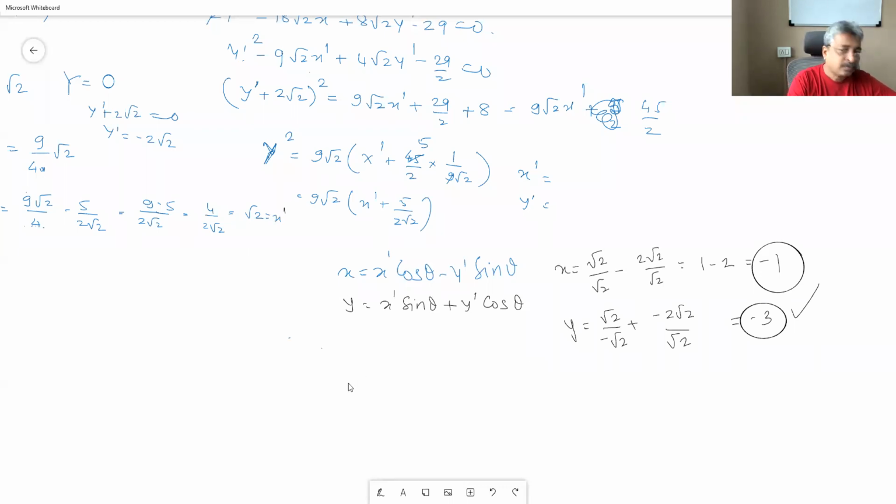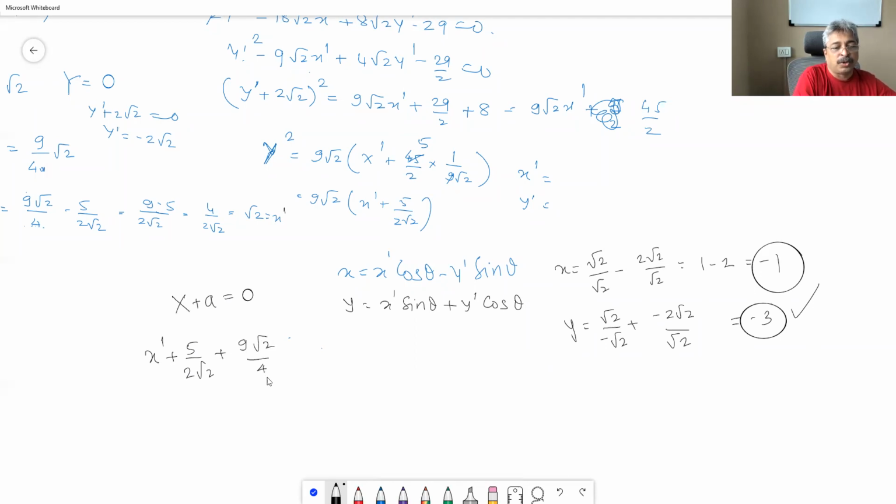And similarly, what is directrix here? Directrix in terms of capital letters, x plus a is equal to 0, correct? So our x is x dash plus 5 upon 2 root 2 and our small a is 9 root 2 upon 4, which is equal to 0. So x dash plus, let us write 2 root 2 in the denominator, which is 9 plus 5, 14, is equal to 0.